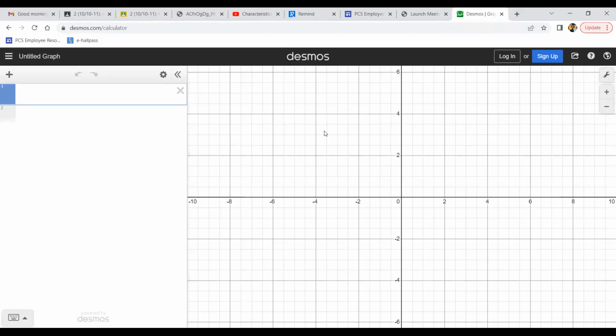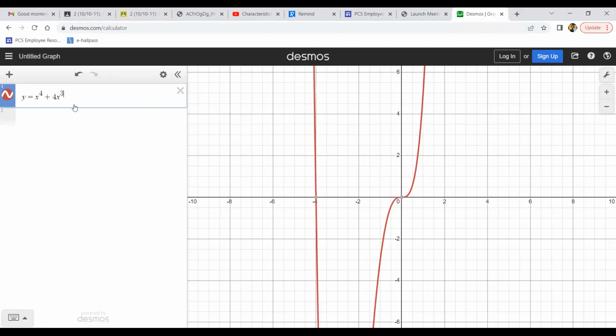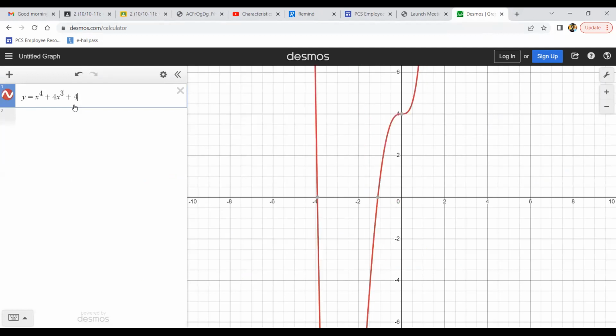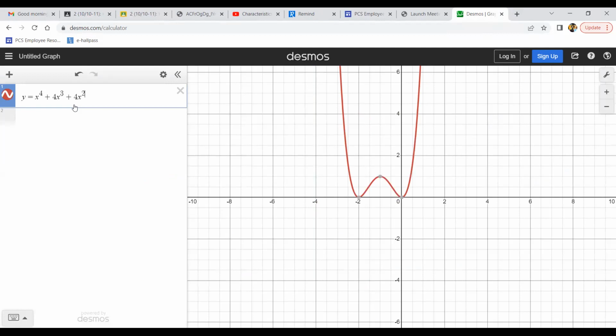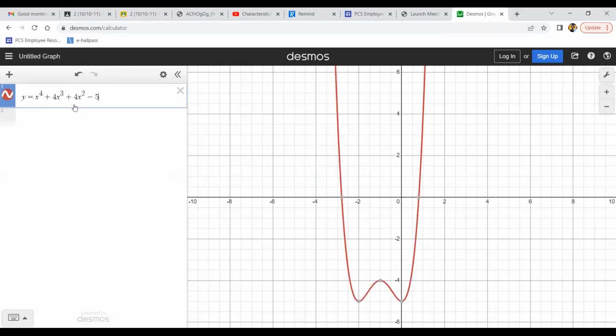Okay. And we're typing y equals x to the fourth plus 4x to the third plus 4x to the second minus 5 minus 2x.